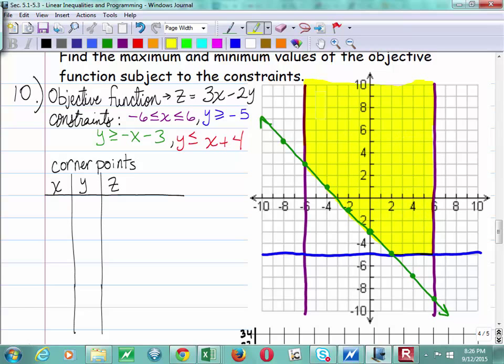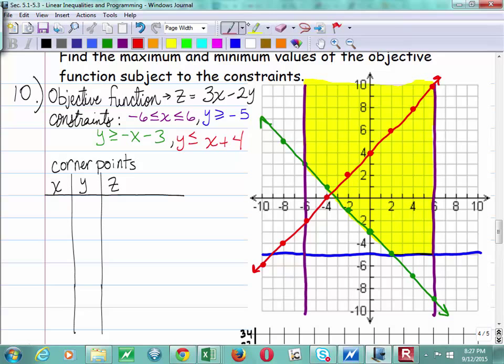Alright, then the other one has a y-intercept at 4 with a slope of +1. And that is less than.